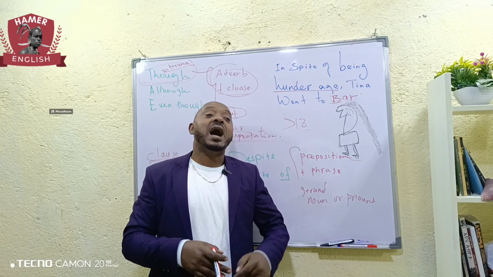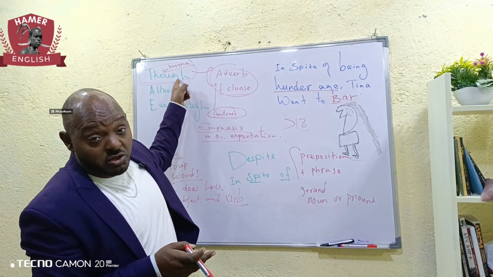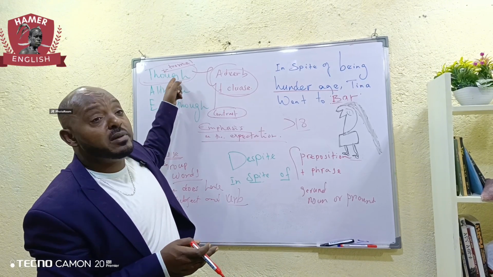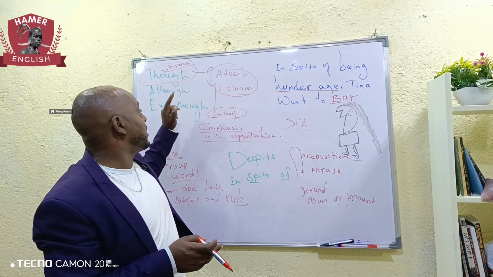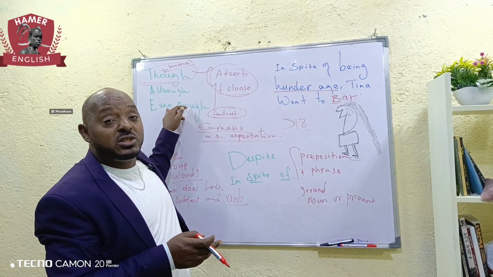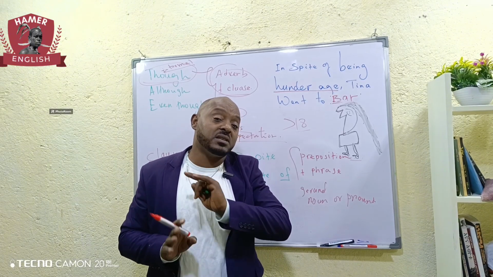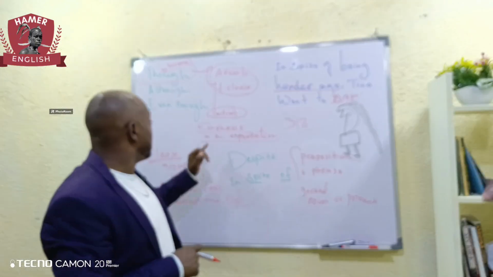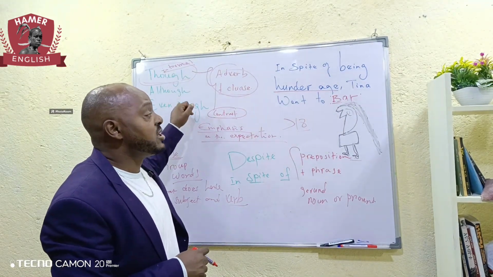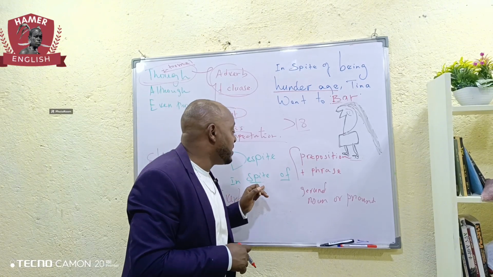At the end it is very informal, I'll show an example later. Although and even though we can use at the beginning and in the middle of the sentence, but at the end of the sentence we don't use them. The same is true for despite and in spite of.